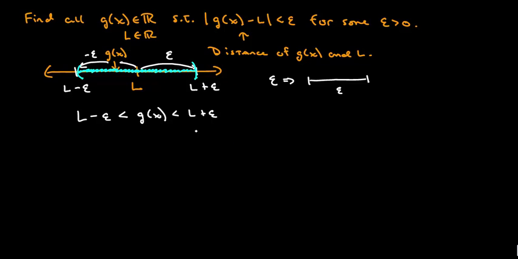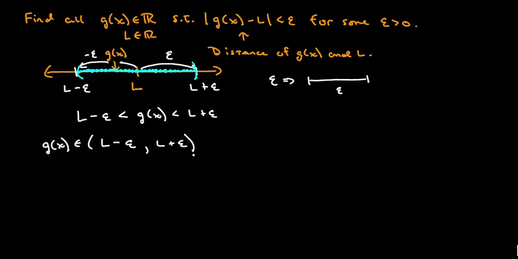So this right here is the answer. We can also write this using interval notation: L minus epsilon to L plus epsilon. We don't include the endpoints. And of course, g of x is an element of that interval.